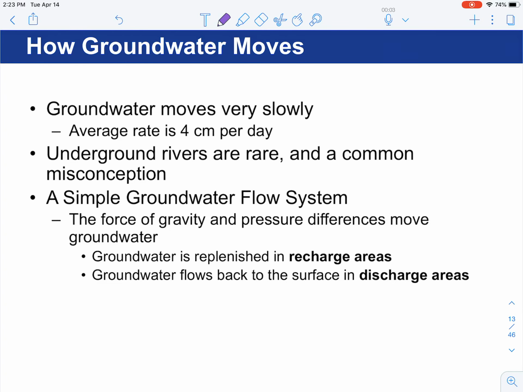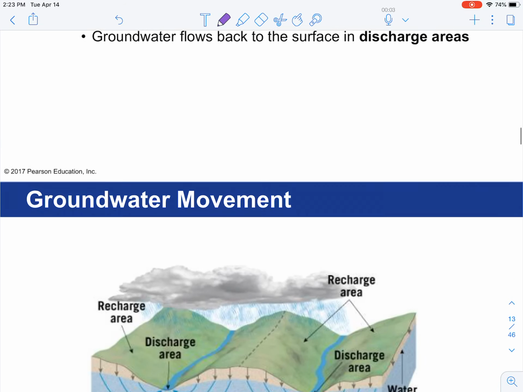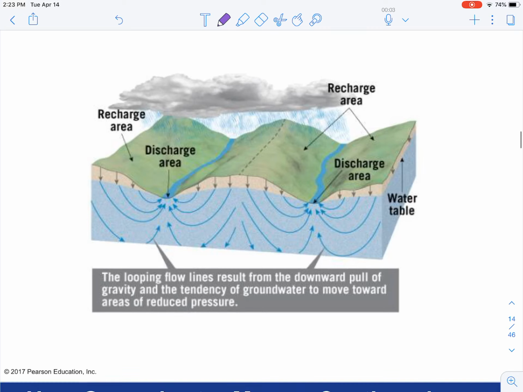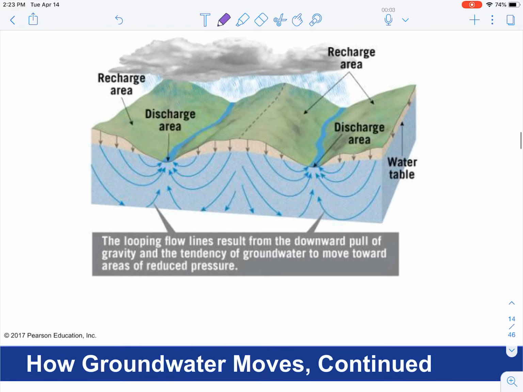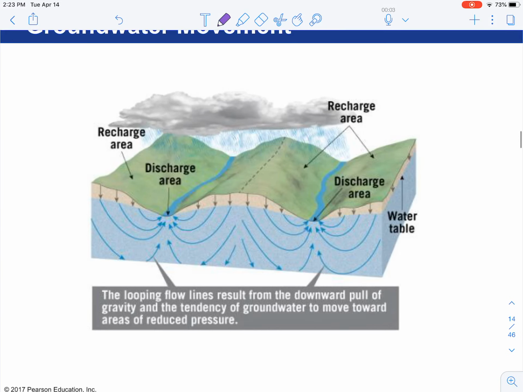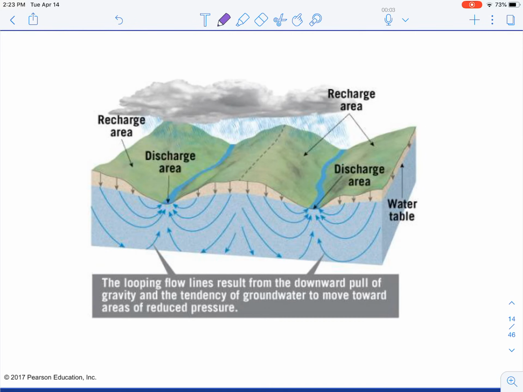So in the next video, what we're going to talk about is more of this recharge and discharge and what's happening underground. Actually, you know what, I'll continue to do that here. And then our last video, we'll talk about groundwater resources. So obviously the recharge would be precipitation, and the discharge would be either based on topography or extraction of groundwater resources from wells.